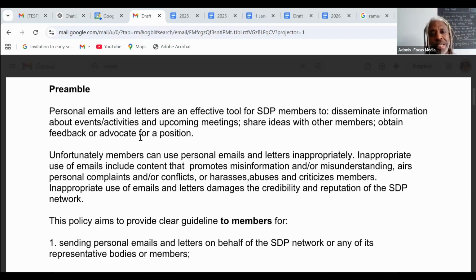The other issue is, I'm just a member. I'm using my personal email. And I'm using the communications committee because that's my own committee. About the decision that was made, I'm sending this to the city: the city shouldn't fund the SDP, it's not representative, the decisions that they made are totally wrong.